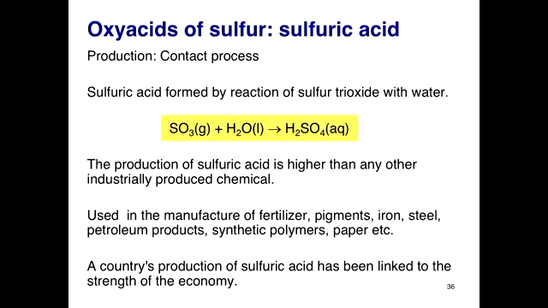Because it's a strong acid, it's a good dehydrating agent, and it's also a good oxidant. The sulphur's in the +6 oxidation state, that makes it a good oxidant. People have proposed that sulphuric acid production levels provide an indication of the strength of the industry in a country.